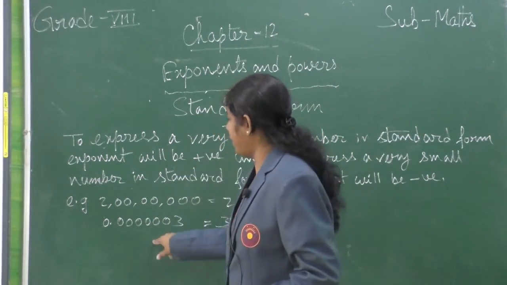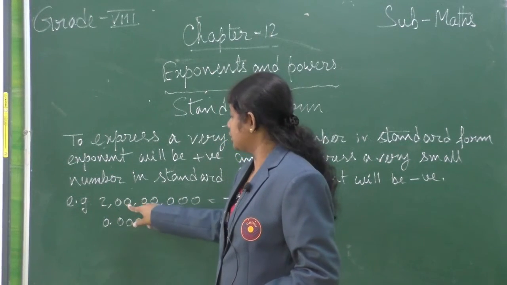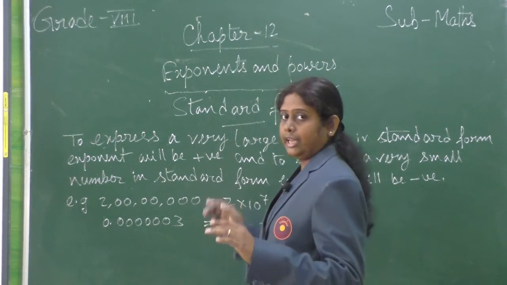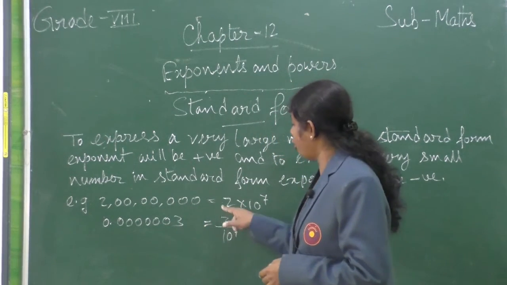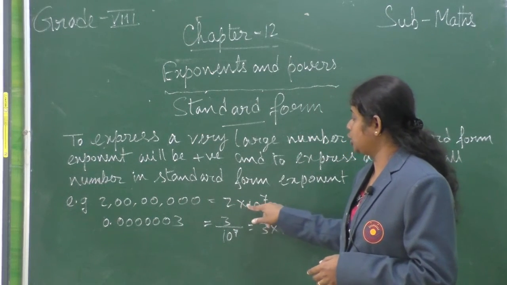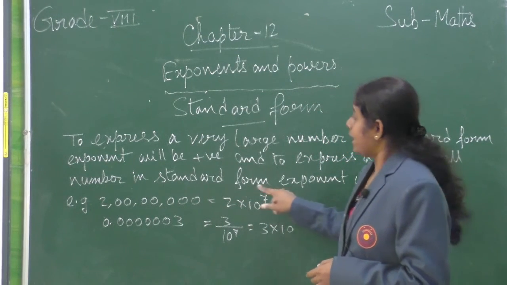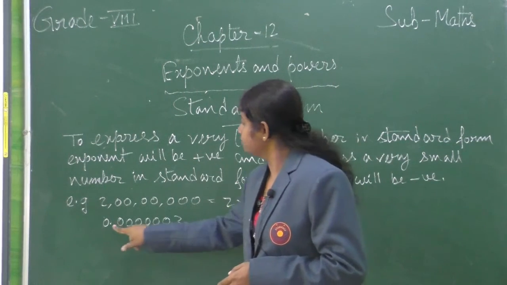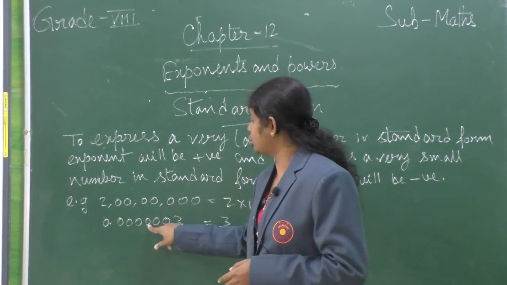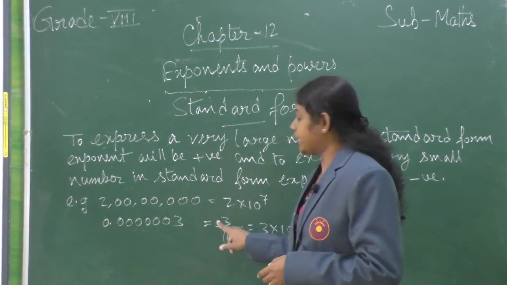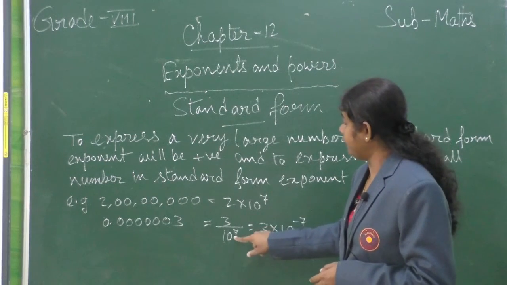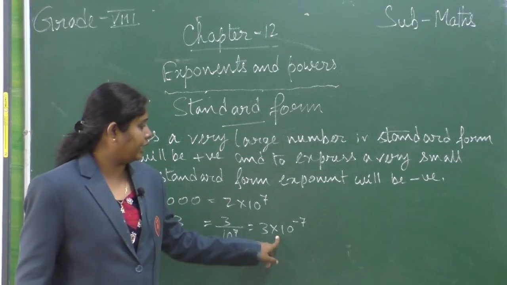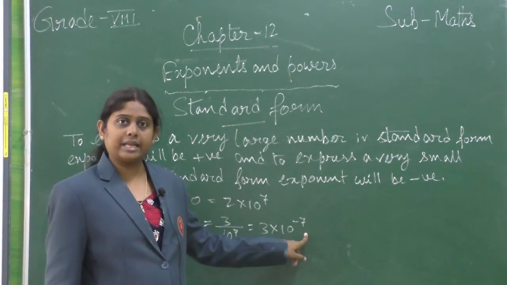Come to the example part. 20000000, that number, if we want to express in standard form, will give you 2 into 10 to the power 7. This is a very large number. And take a very small number, 0.00000003, which we can express as 3 by 10 to the power 7. In standard form, it will be 3 into 10 to the power minus 7.